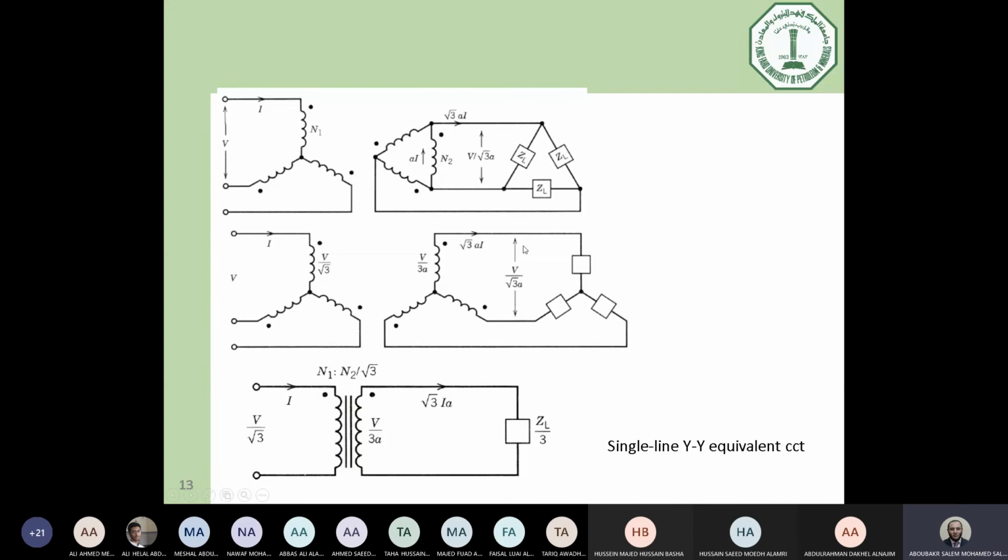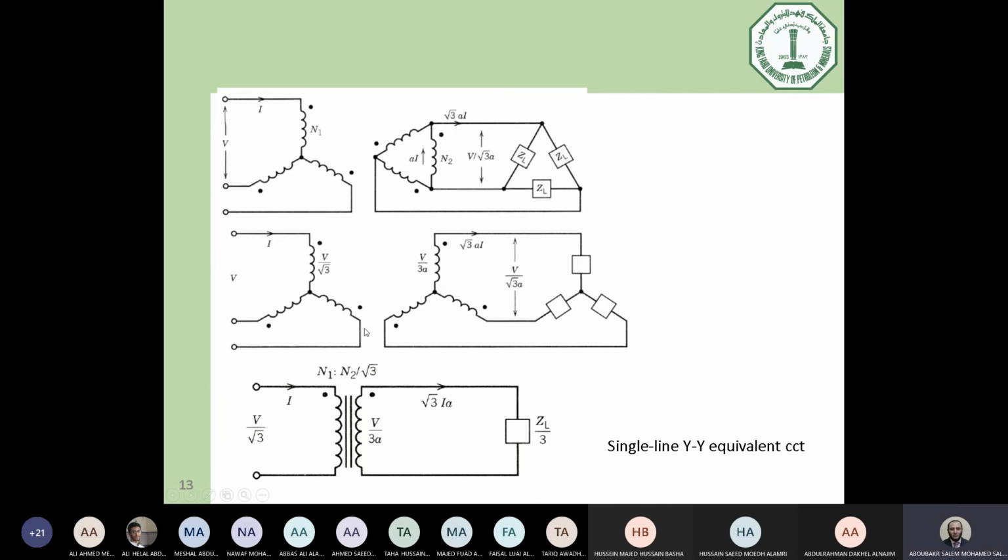Regarding the current, for the star connection in the primary, if it is I, the equivalent of delta will be square root of 3 multiplied by the turns ratio multiplied by I. So this is the same line current. And here it will be the same as the phase voltage for the equivalent star.